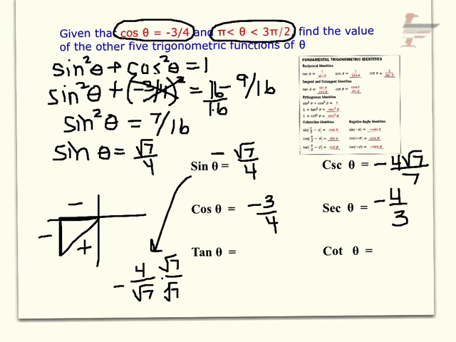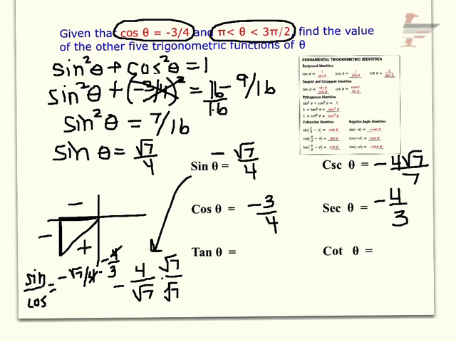And tangent is sine divided by cosine, which you know. So I'm going to take my sine divided by cosine, or multiply by the reciprocal of cosine, to get tangent. That's negative square root of 7 over 4 times the reciprocal of -3/4.